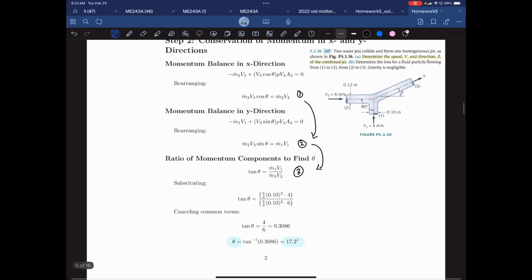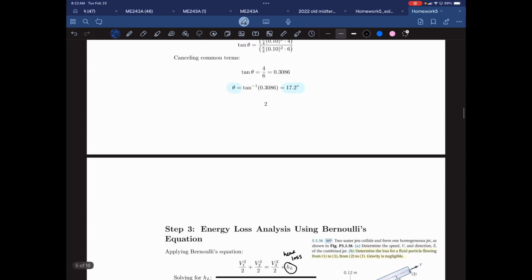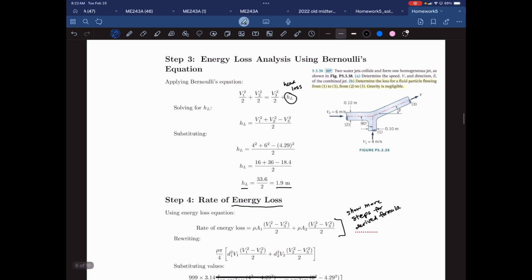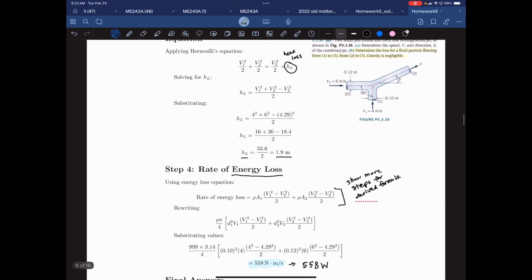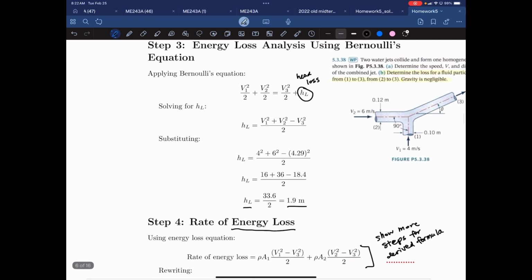And then we have to solve part B, which is the loss for the fluid particle flowing from 1 to 3 and then from 2 to 3. First we start off with Bernoulli's equation and we find the head loss, but we still need to find the rate of energy loss. So we don't stop there, but this is the setup.